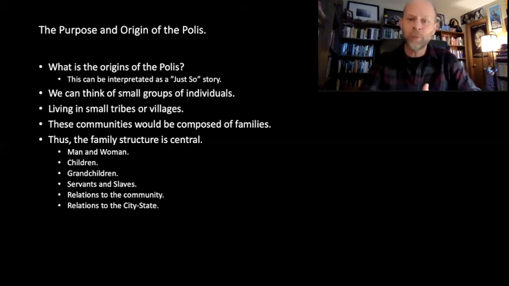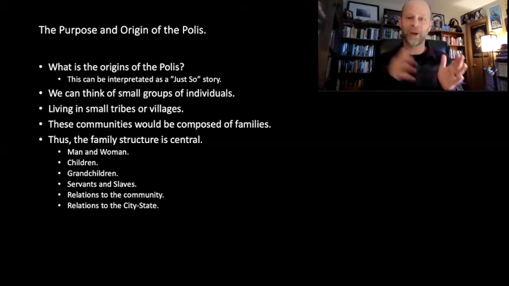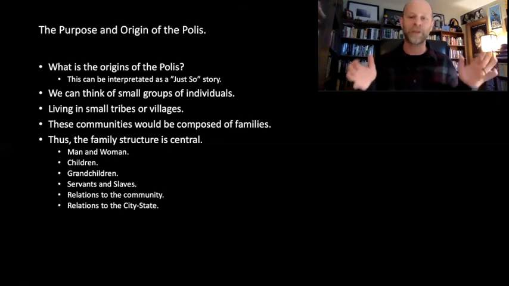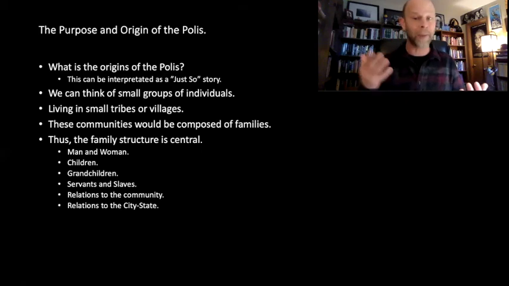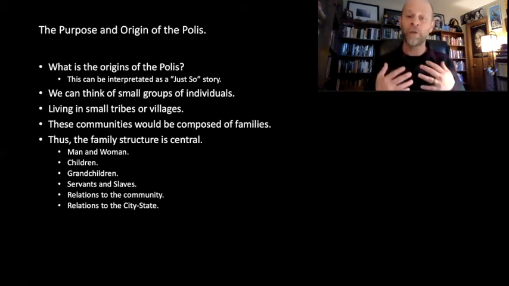Of course, I do want to preface all this by making it clear that we can think about the household and family dynamic and structure not necessarily in terms of a man and a woman, but we can update this theory for our contemporary society, where it doesn't need to be a man and a woman. It could be a man and a man or a woman and a woman, insofar as there are ways in which we can build a family, not necessarily through biological reproduction, but in other ways.